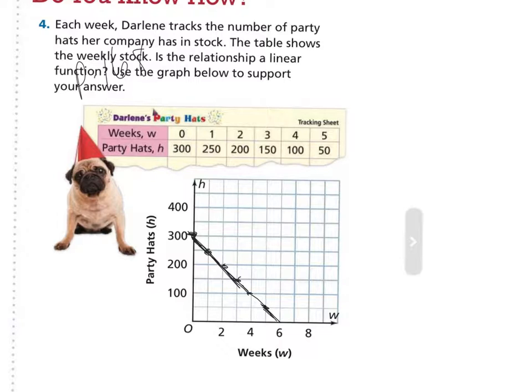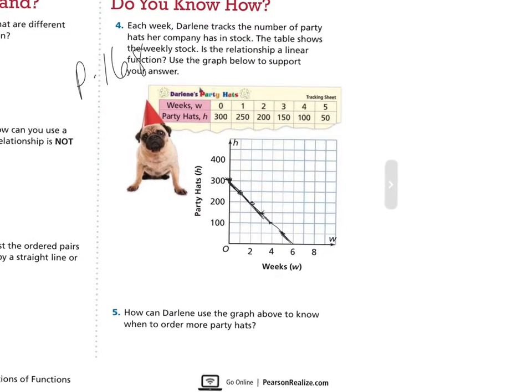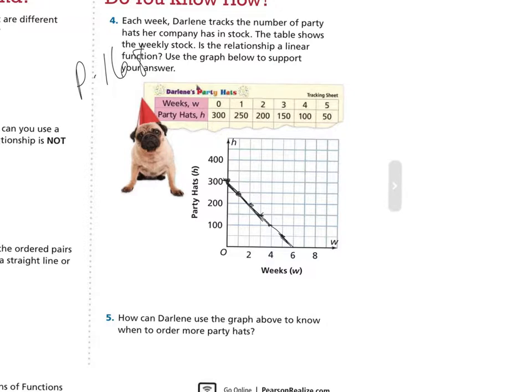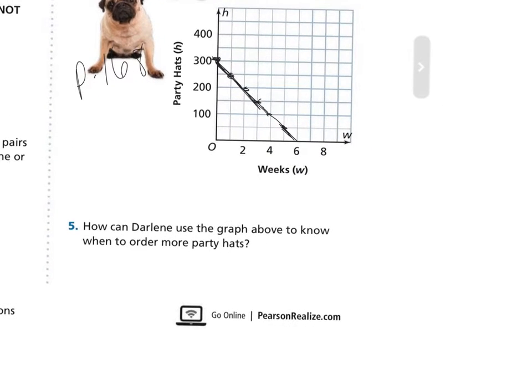So if you look at number 5, how can Darlene use the graph above to know when to order more party hats? Well, a couple things there.